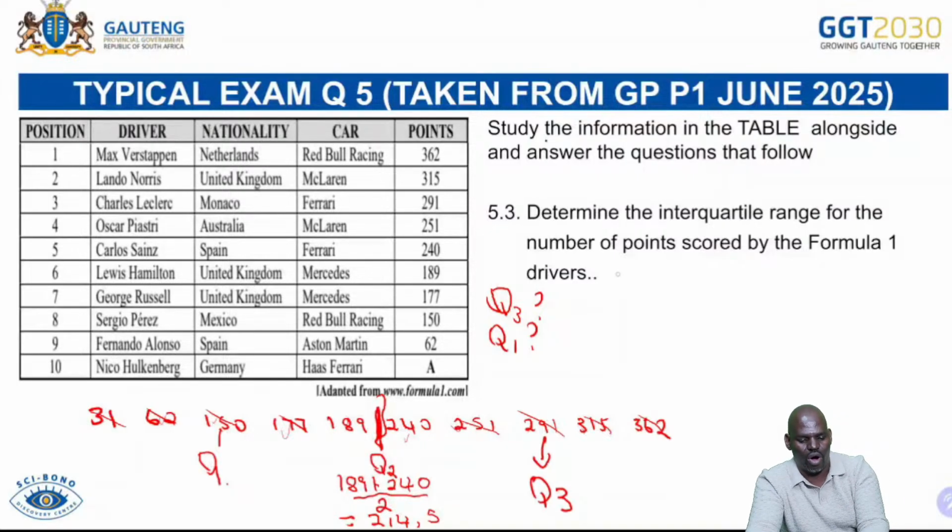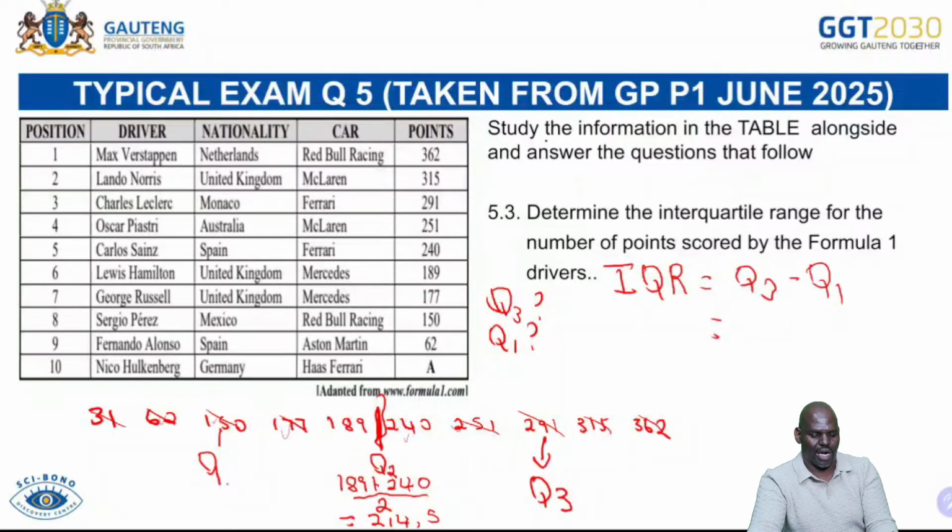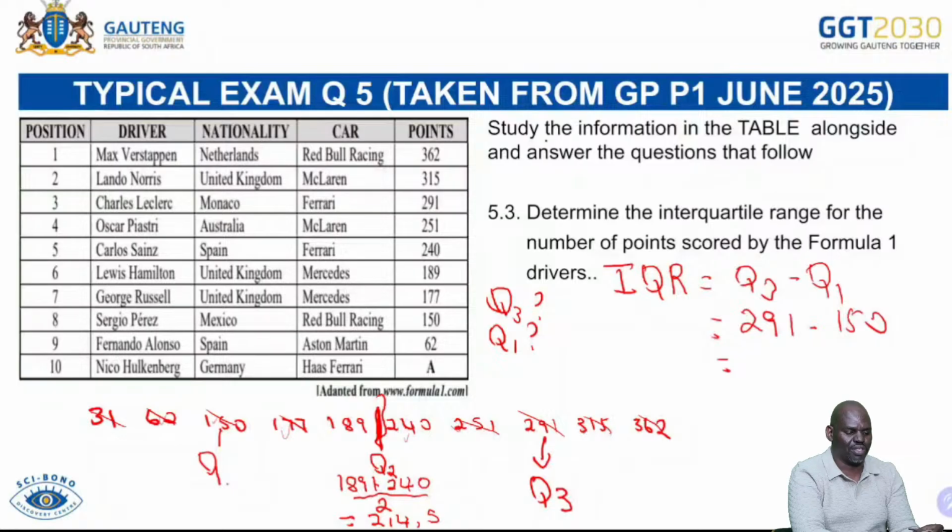Then I say, therefore, IQR is quartile 3 minus quartile 1, and the value of quartile 3 is 291, and quartile 1 is 150. If I say 291 minus 150, I get 141.